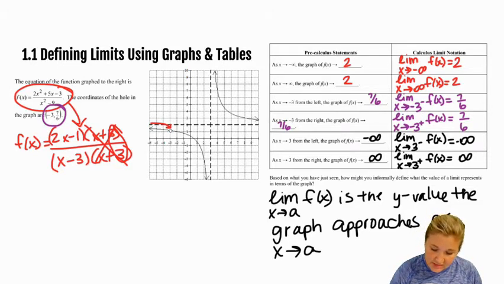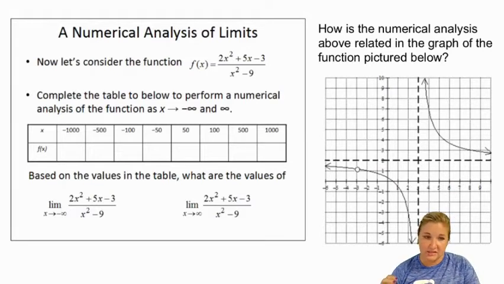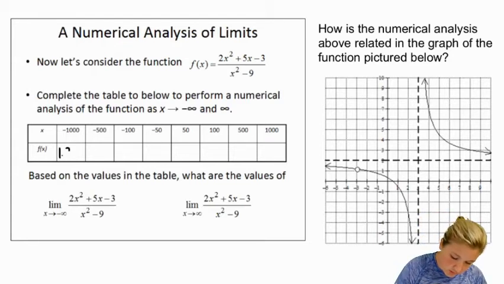Okay, so let's take a look here. We're going to look at this as a table, and then again as a graph. We have our still same function that we just had, so we're not changing functions. We're going to complete this table. When x is negative 1,000, f of x is 1.995.